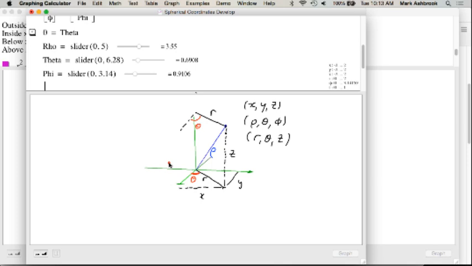And then where would we draw phi? The angle between rho and the xy. Here, this is phi here. That's what I heard you say. Is that right? No, so it's tipped down from z. You have the right idea, but it's going to be tipped down from z. So I'll go back to black for that.